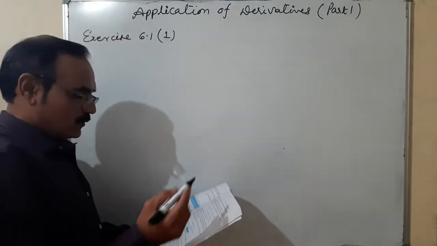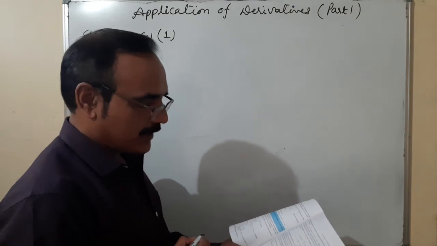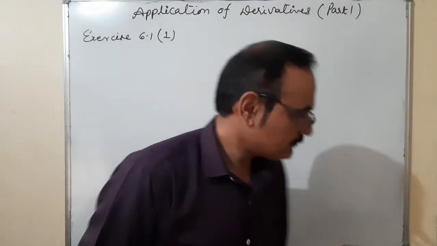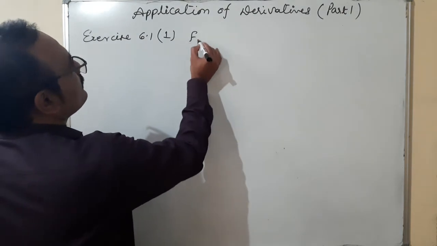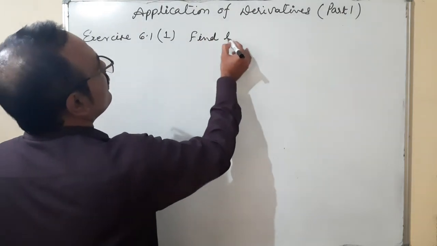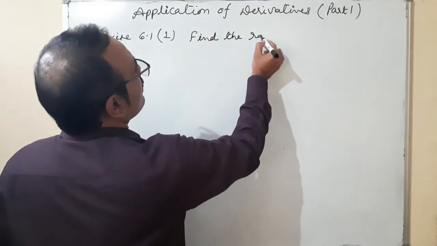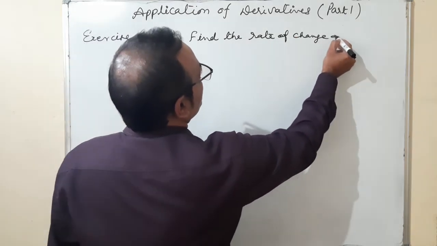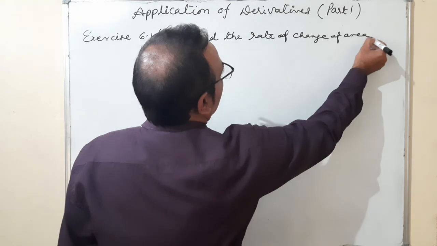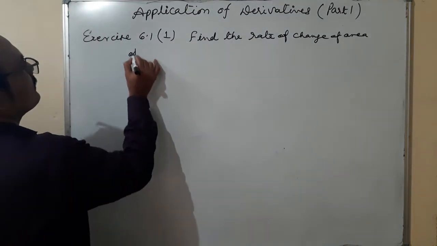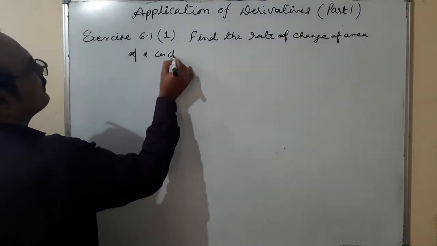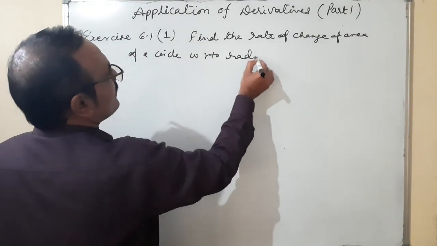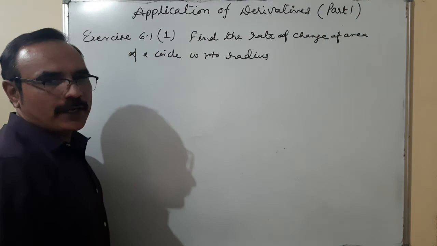What is the question? Find the rate of change of the area of a circle with respect to radius. With respect to radius, what does it mean?